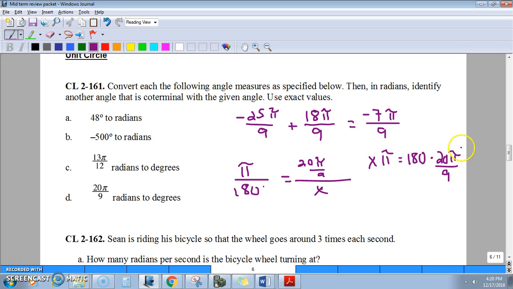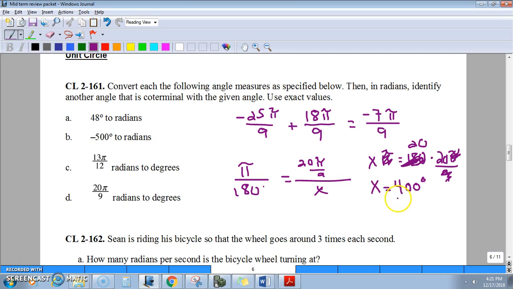Okay, so first step, I know my pi's are going to cancel, right? 9 can go into 180 20 times. So x is equal to 20 times 20, which is 400 degrees. So 400 degrees and 20 pi over 9 are the same thing.